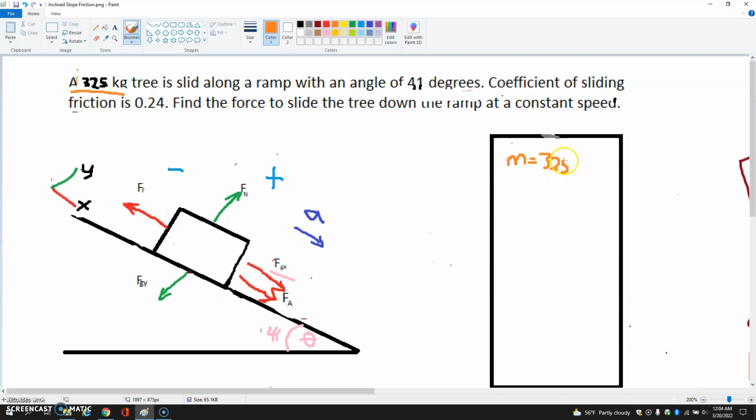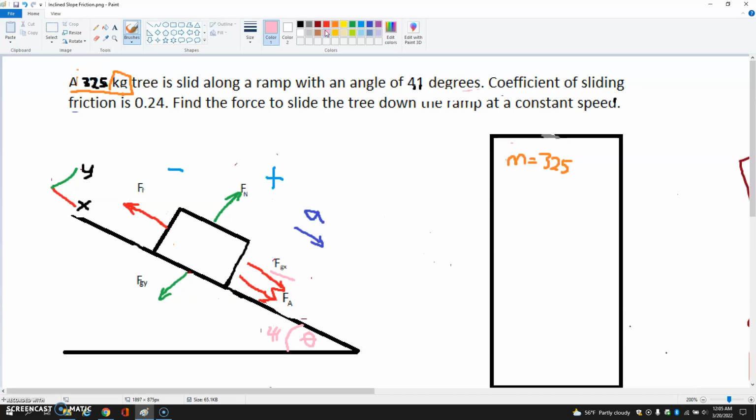And for every problem, I would do this: write down all your givens in kind of a box like this. It helps for step 3, which I'll show you in a bit. So, yeah, if you see kilograms, you know it's mass. Next, we go a little farther down.